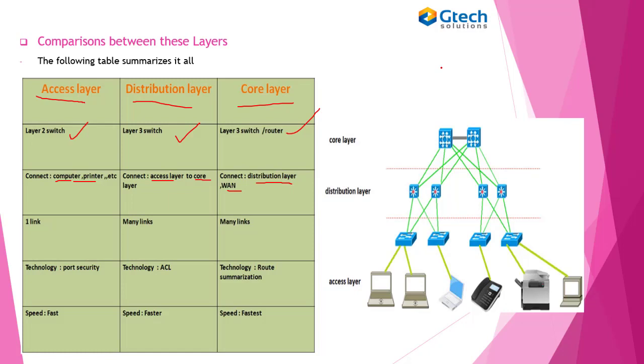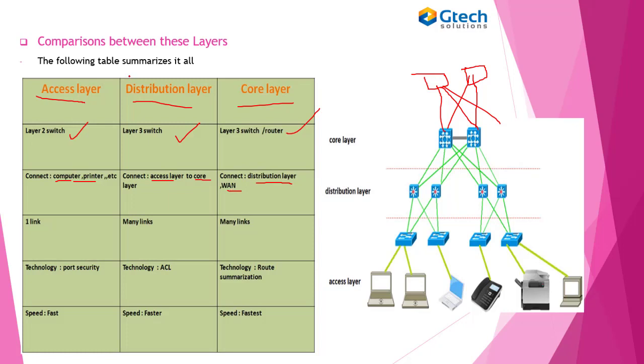Suppose another distribution layer was above here. So the core layer will provide connection between two or more distribution layers or one.